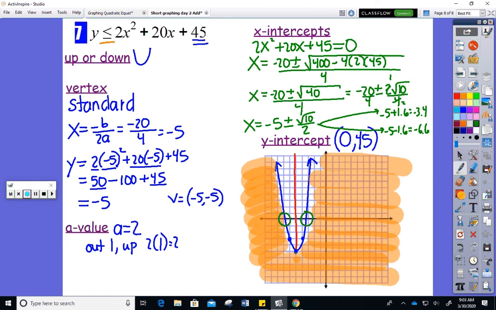So my parabola should roughly be crossing the x-axis at negative 3.4. So if I say 1, 2, 3, I'm not touching, but negative 3.4 is not bad for this point right here. It's almost on it. And then negative 6.6 would be 4, 5, 6.6. Other than the fact that I can't write where I mean to write, I can see that that's close to negative 6.6, so that's pretty good.